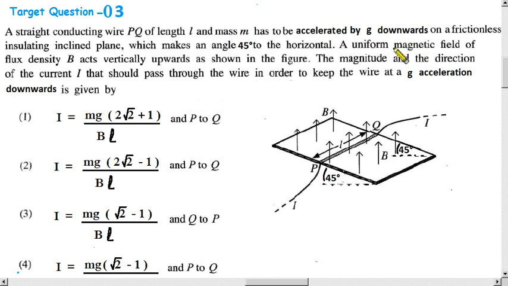A uniform magnetic field of flux density B acts vertically upwards as shown in the figure. The magnitude and direction of the current I that should pass through the wire in order to keep the wire at g acceleration downwards is given by one of 5 answers. So try this.